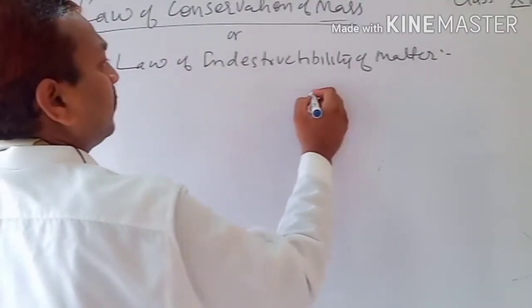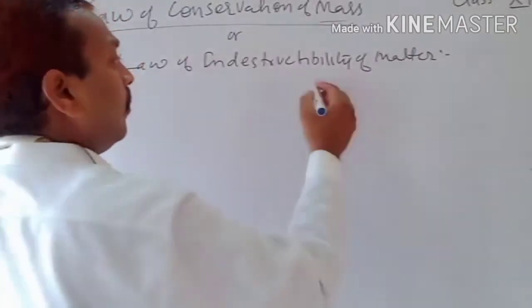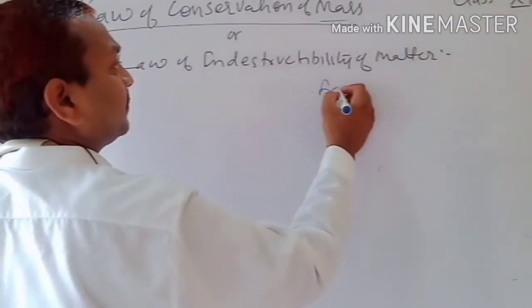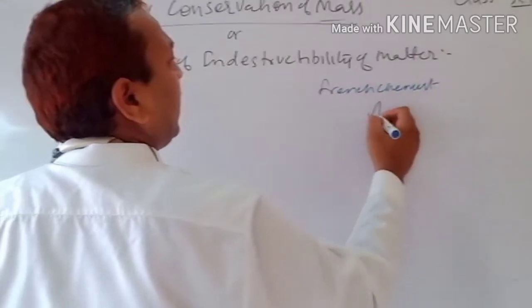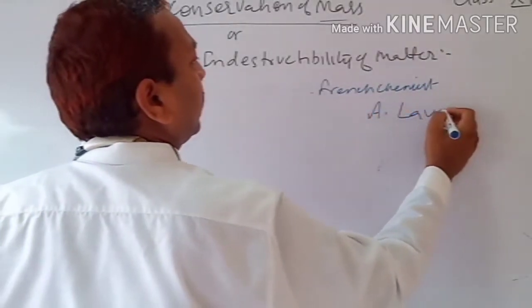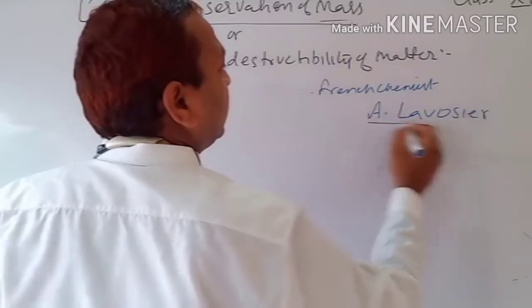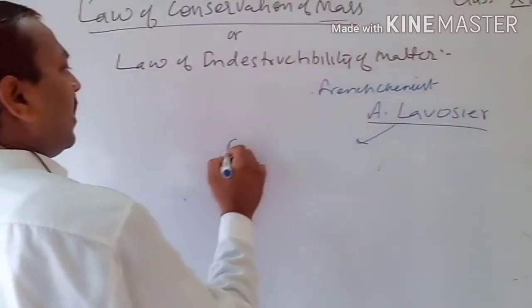This law was proposed in 1774 by the French chemist Antoine Lavoisier, and this scientist is also known as the father of chemistry.